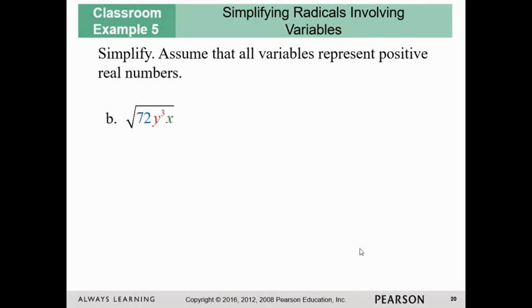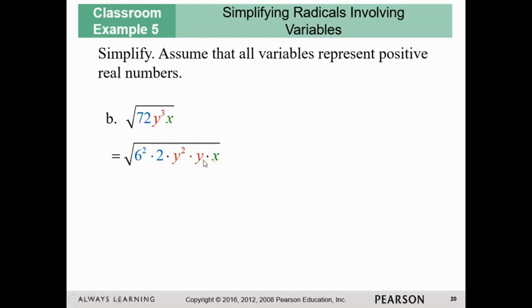So now we're going to simplify this one. Now, this is the same thing. 72 is the same thing as 36 times 2. They just wrote it as 6 squared. And notice what we do with this y to the third. We factor it in such a way so that we can now divide the exponent by the index.